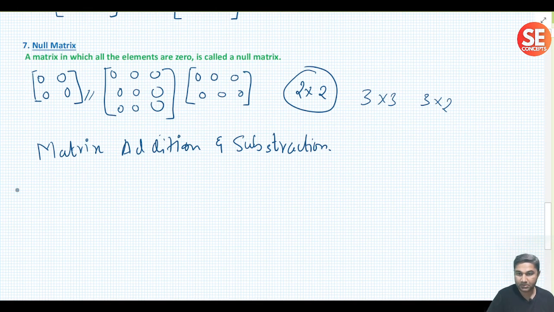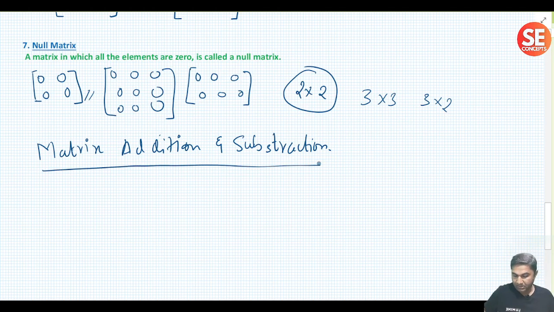This is also a very simple concept. If you understand the concept, it will be very easy for you guys to solve the questions. You have to understand how we are going to solve those questions. If you see the question paper, those are very simple. So let us start with matrix addition.